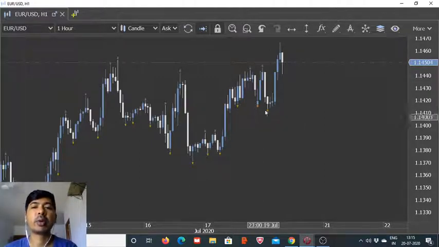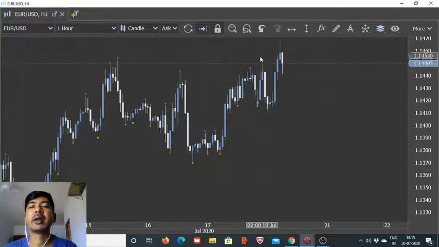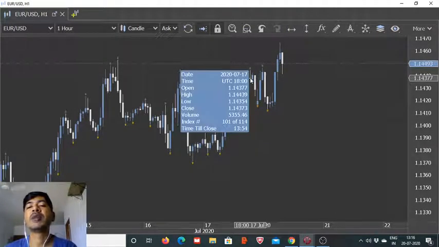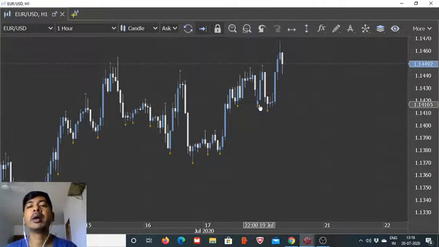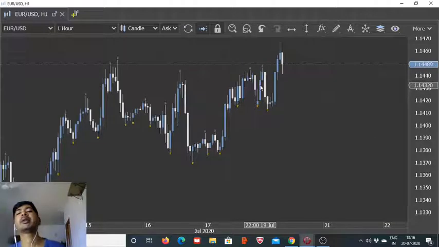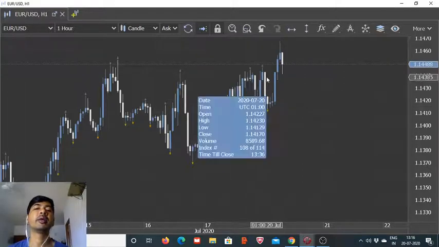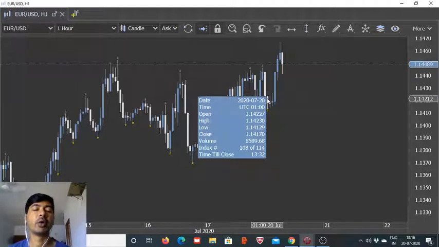Of course, as you can see here, we might keep getting successive fractals, and it can happen that simply because we are taking only 5 candles into consideration, after some time, as has happened here and also here, again the reversal happens, and again a new high or a new low is made, and in this case if we initiate the trade, then we might end up making a loss instead of profit.